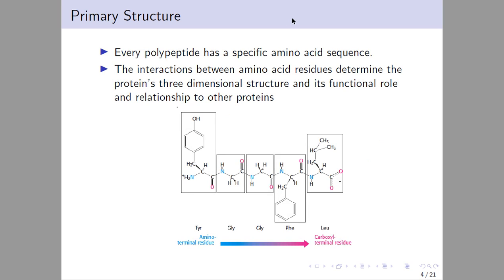First we see the primary structure. Every polypeptide has a specific amino acid sequence.